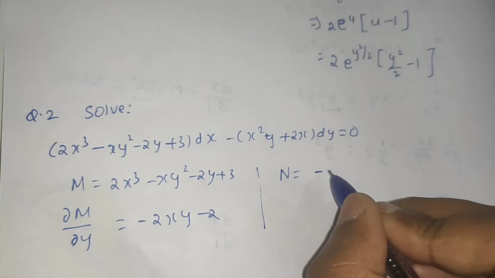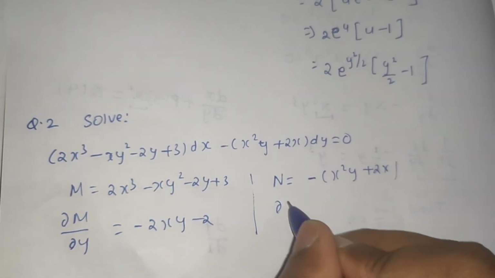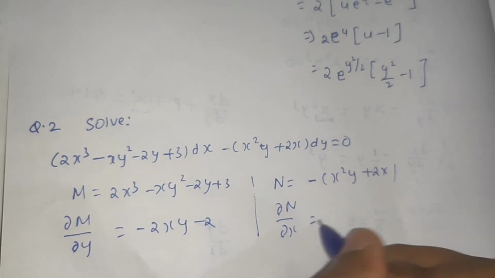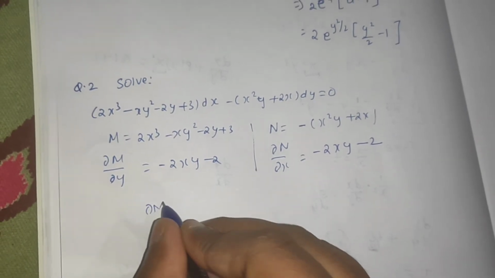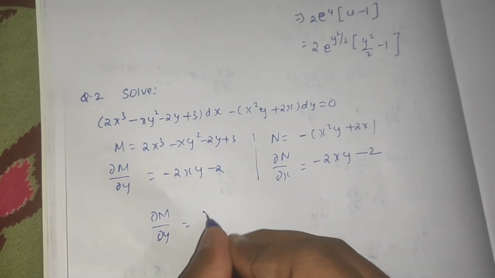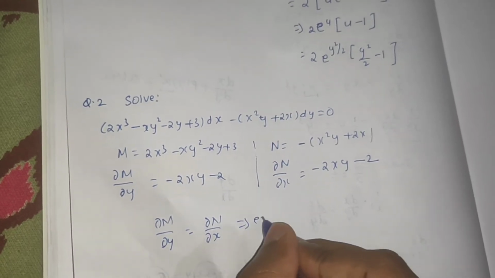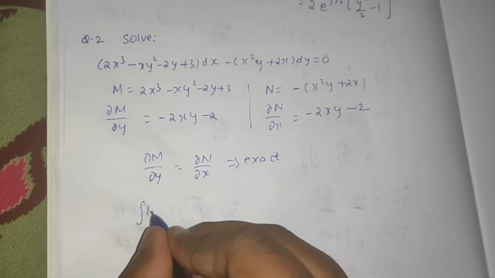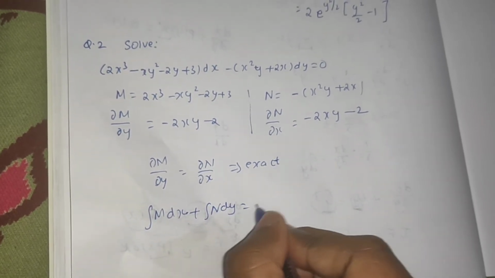Now N is your minus of x square y plus 2x, so del N by del x will be minus 2xy minus 2. So since both of them are equal, del M by del y equals del N by del x, clearly says that this is an exact differential equation, and directly we can move on to the solution, which is M dx plus N dy equals to c.